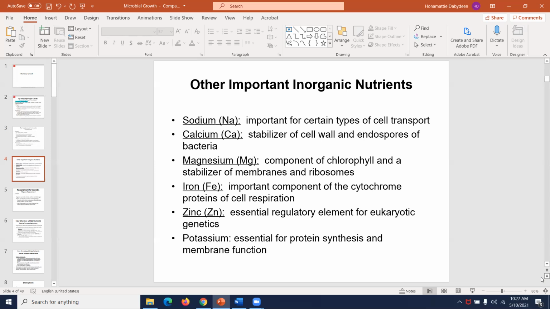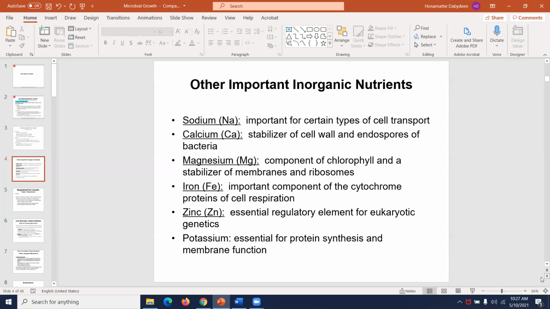They're generally not human pathogens, so we'll probably not be talking much about them. Iron, an important compound in cytochrome, and when we do respiration in bacteria, when we do bacterial processes for energy production, we will talk about the electron transport chain.